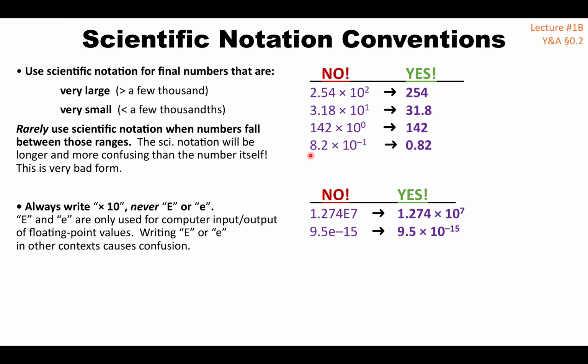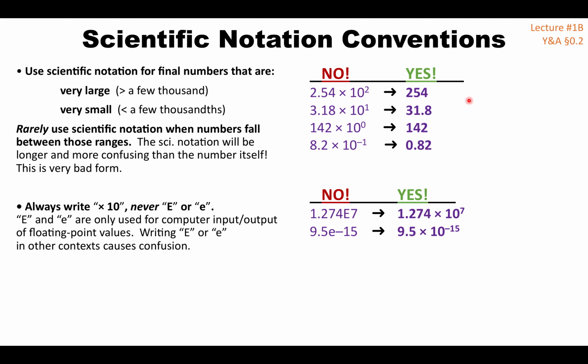And that might be to make values match all of their units or match all of their powers of 10 exponents, or maybe to be really explicit about the number of significant figures. Because sometimes it can be a little ambiguous whether trailing zeros are significant. So there are rare times when you might want to leave a final answer in a form like this.